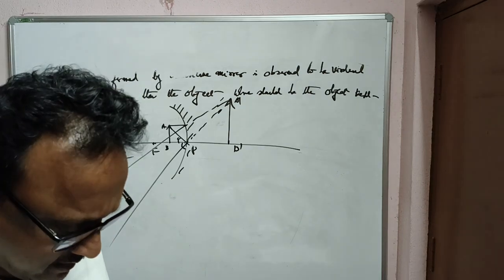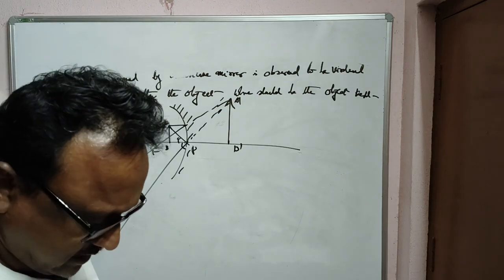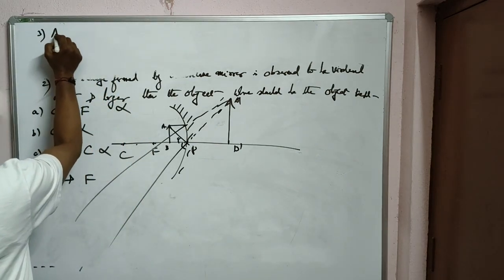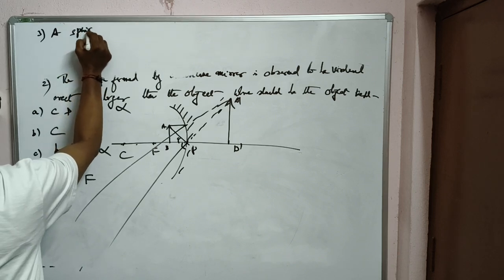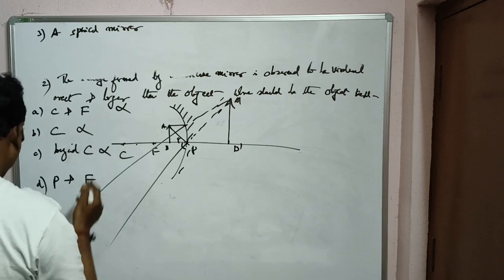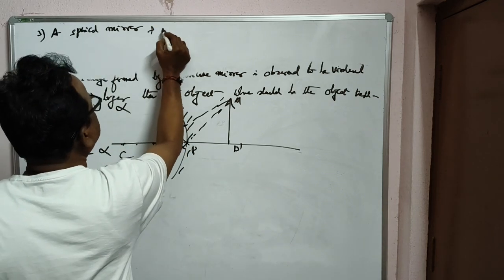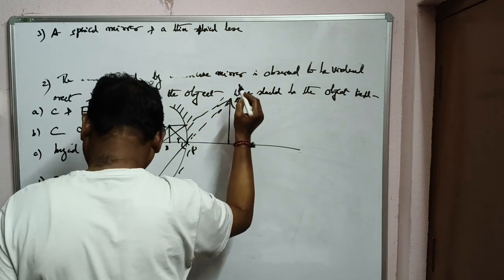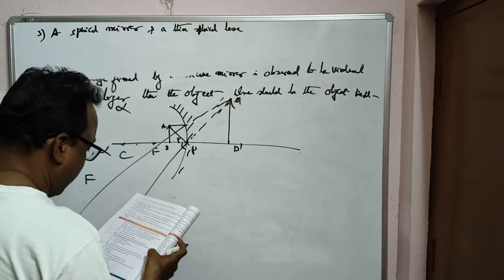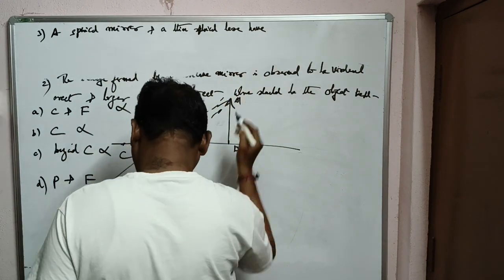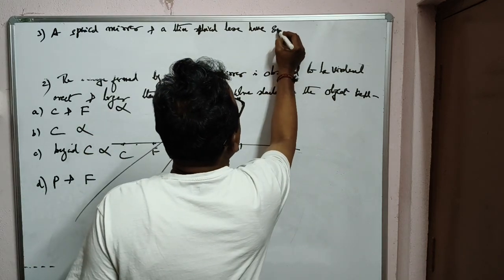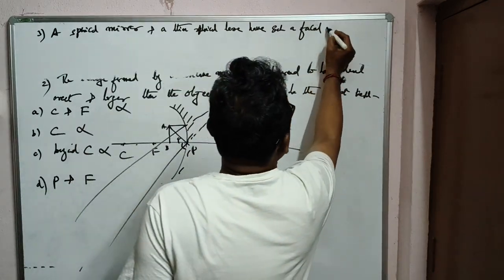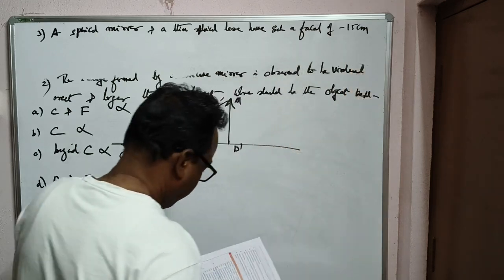A spherical mirror, that may be convex or concave, and a thin spherical lens each have a focal length of -15 cm, that means both focal lengths are the same.